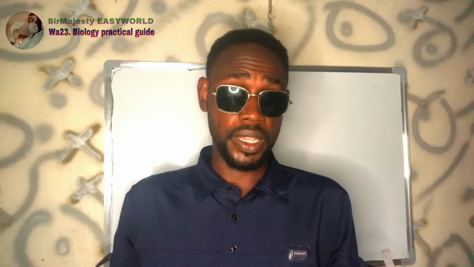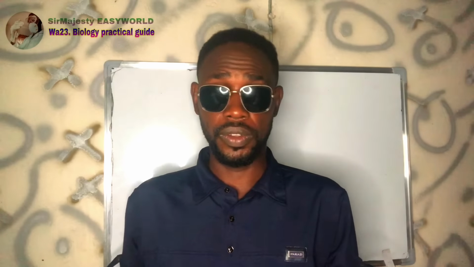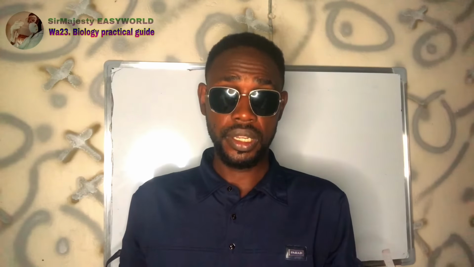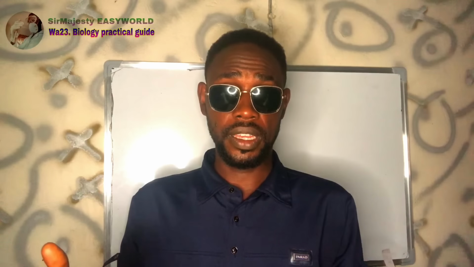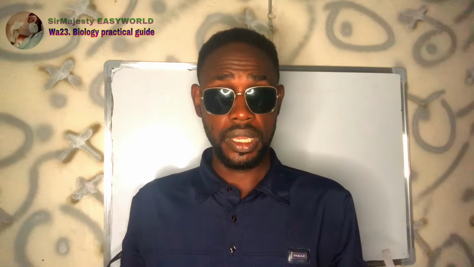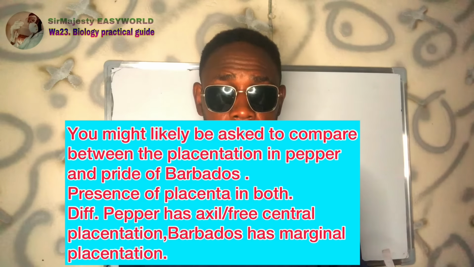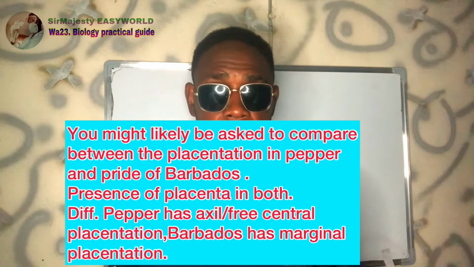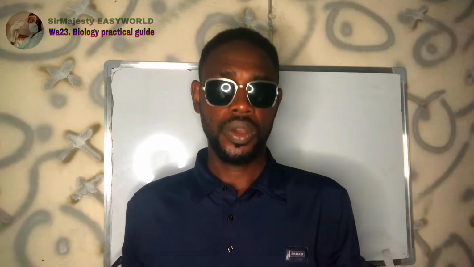You start from their placentation, you start from the nature of the fruit wall, meaning you can tell us that the chili pepper has a fleshy endocarp, while that of coconut has a stony or hard endocarp.